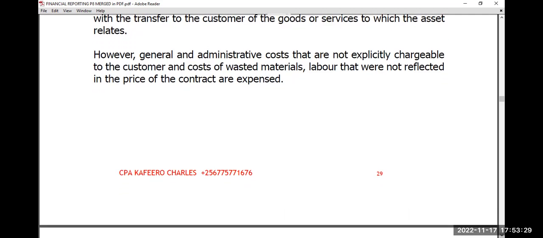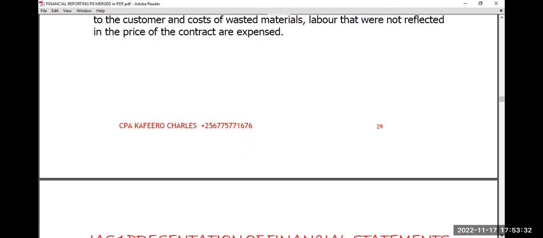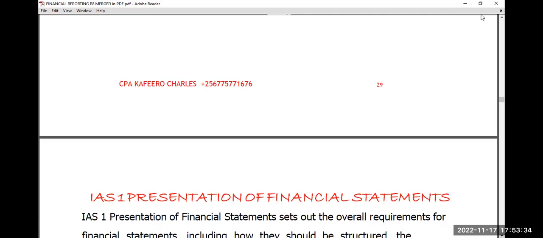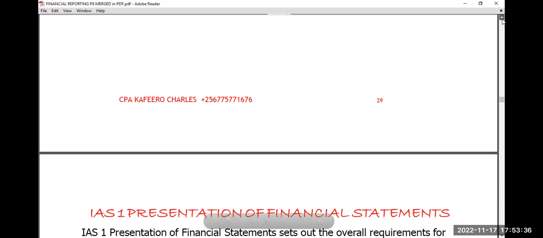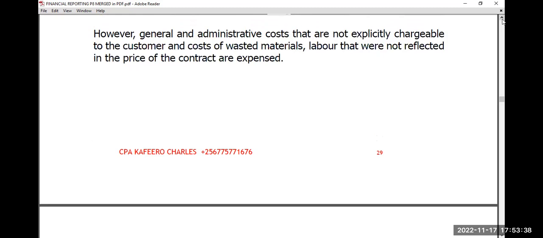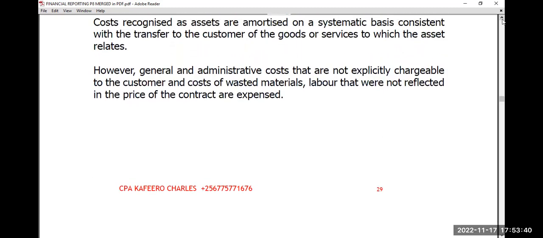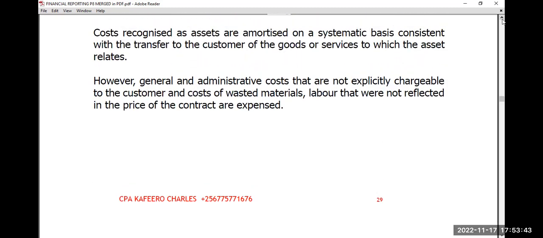What you should understand is that most of these items that are not going to be capitalized are going to be expensed as and when they are incurred.